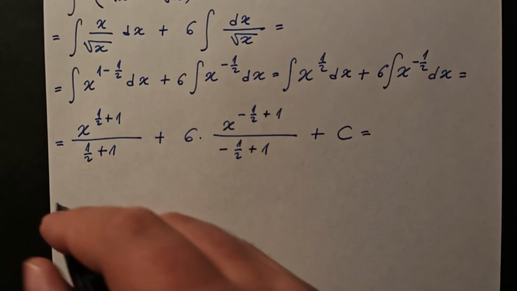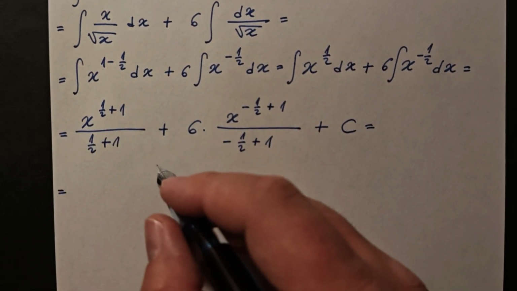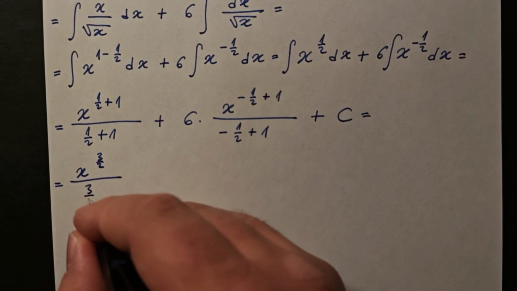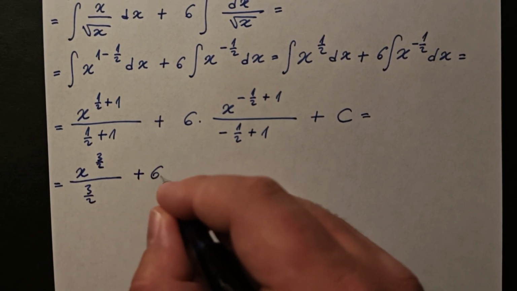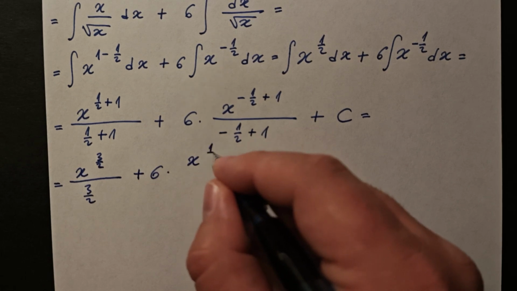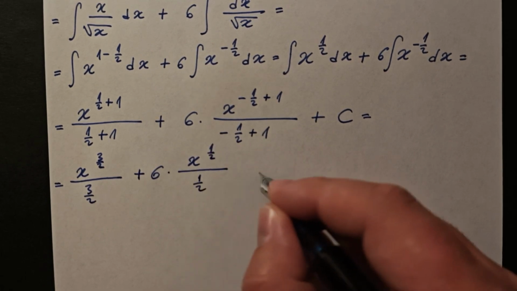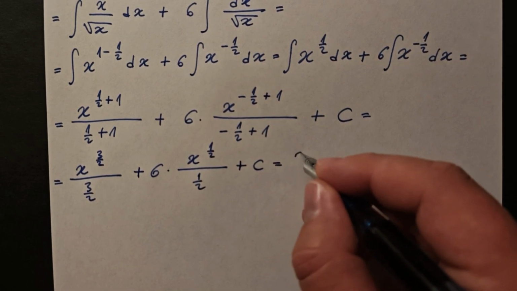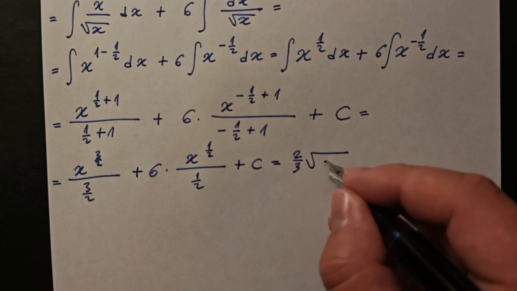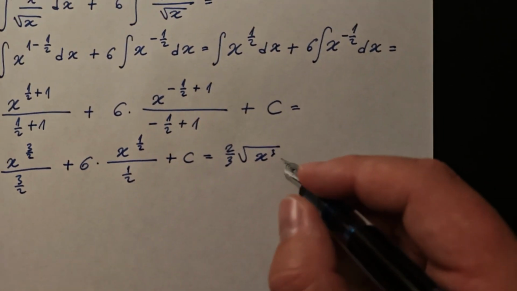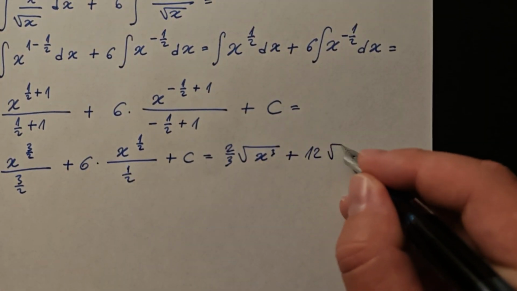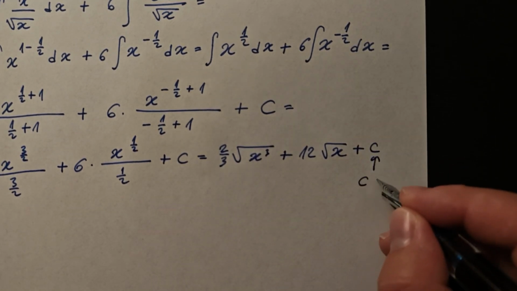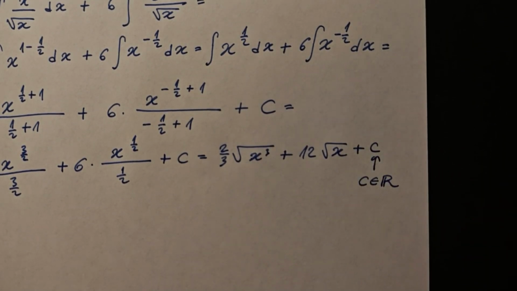So, calculating all of this, x to the power of 3/2 divided by 3/2 plus 6 multiplied by x to the power of 1/2 divided by 1/2, and plus c. So this is 2 over 3, the square root of x cubed, plus 12 square roots of x plus c. This c is just a real number.